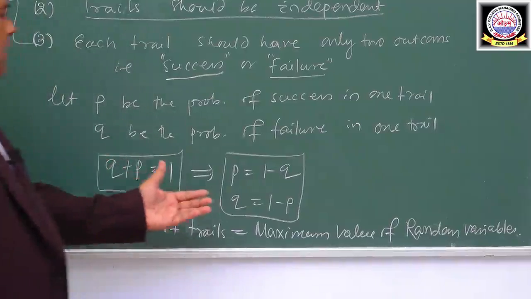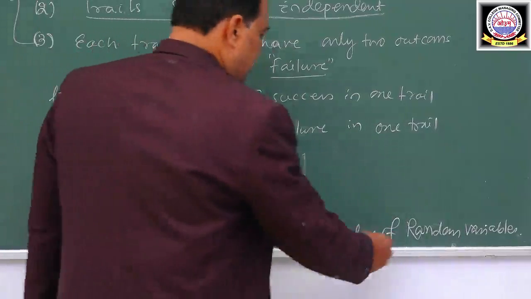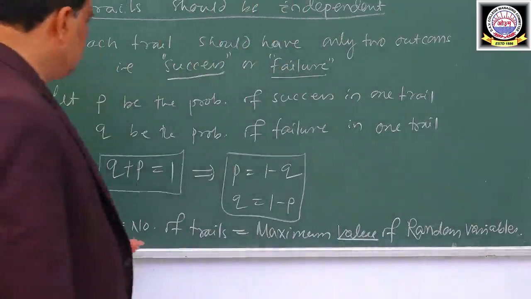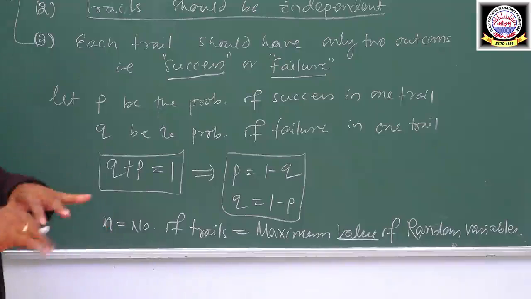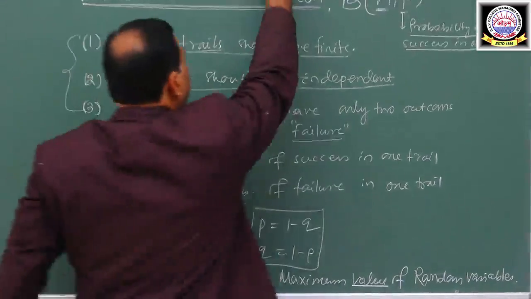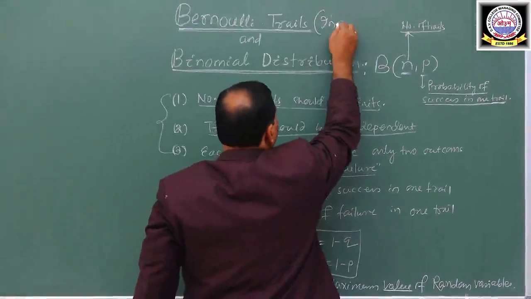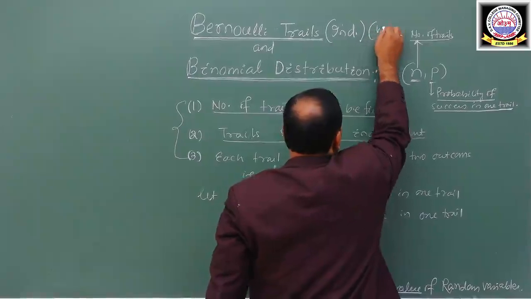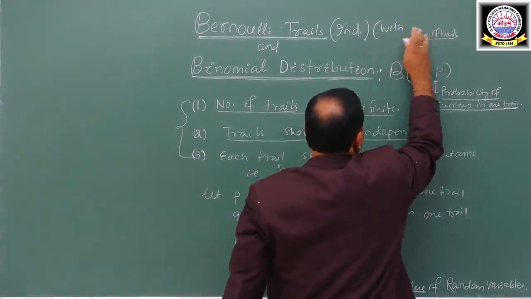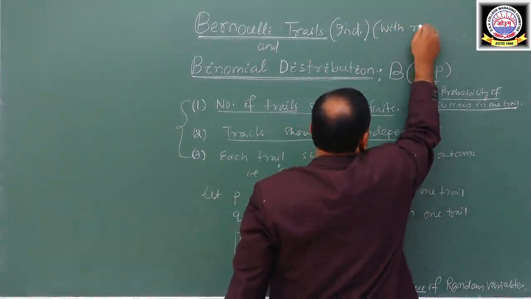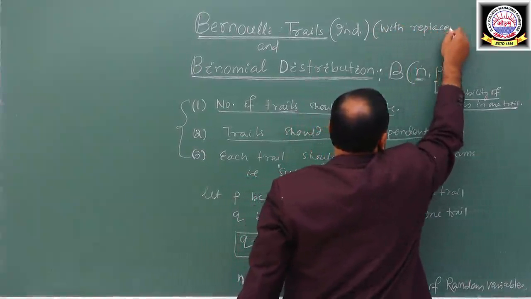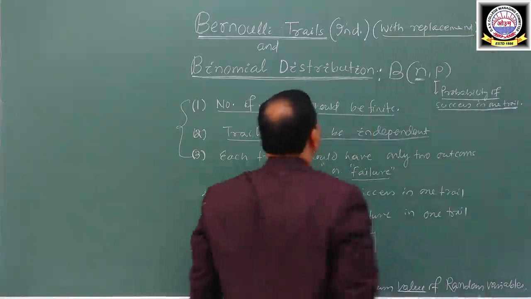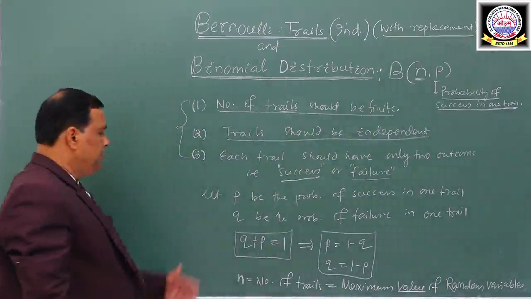The maximum value of the random variable is called n, the number of trials. And trials are independent. These are called independent trials. Independent means with replacement. Anything you do with replacement is called a Bernoulli independent event.